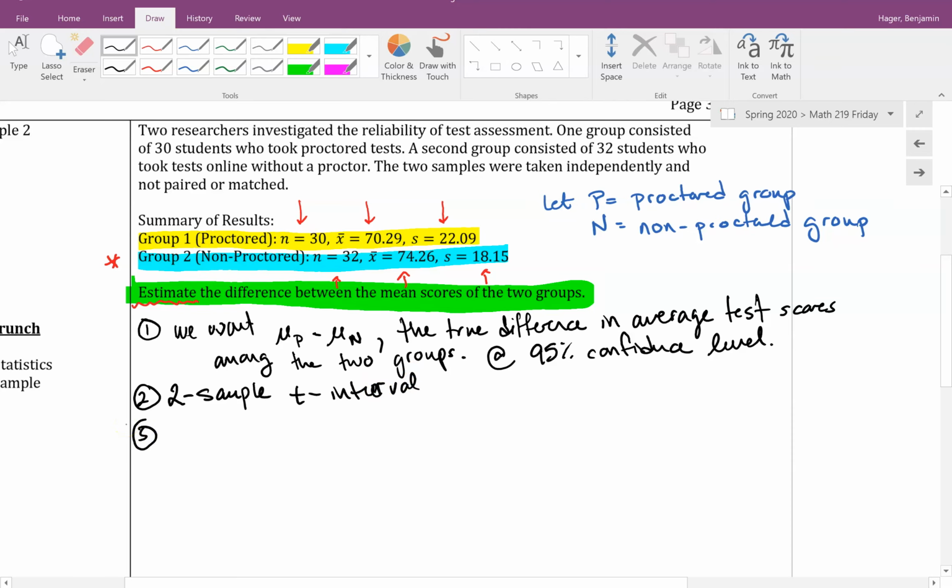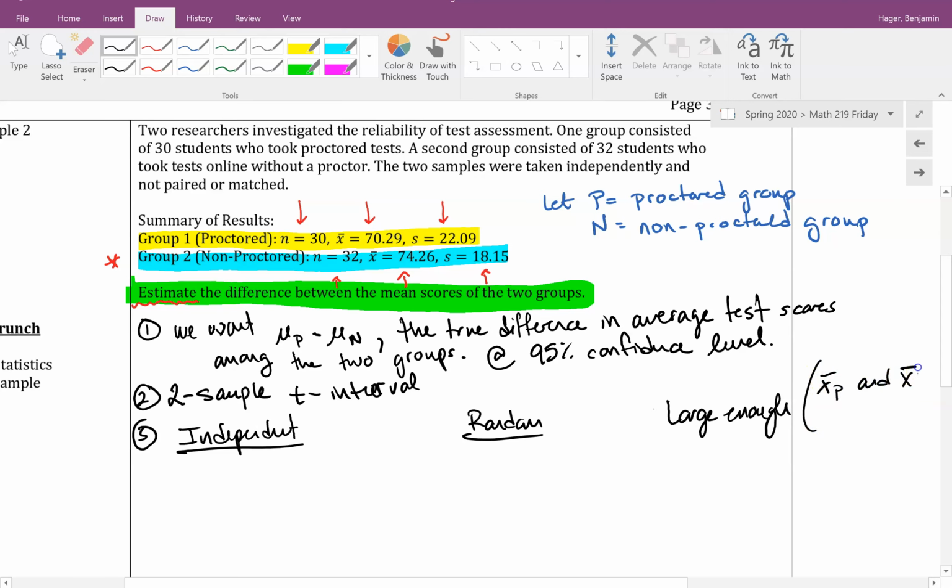Step 3: independent, random, and large. And again, large enough means for the sample means of the proctored and the sample means of the non-proctored to be normal or approximately normal.